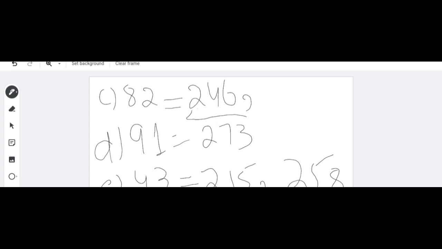Okay. 43 into 7. 301. Can we use 301 here? No. Very good. So move to the next part, which is F, and the last part of question number 5.